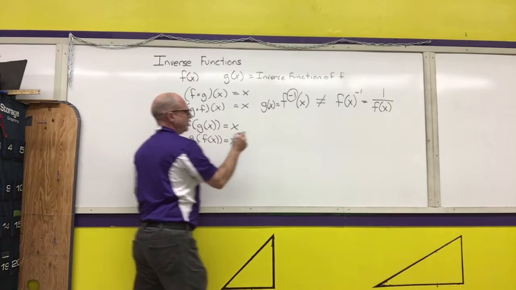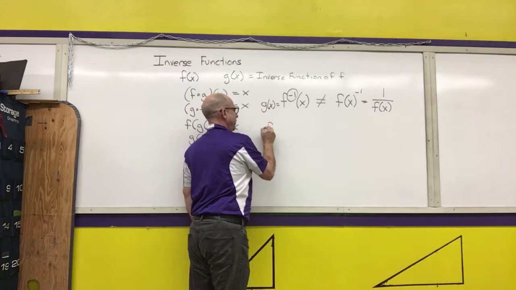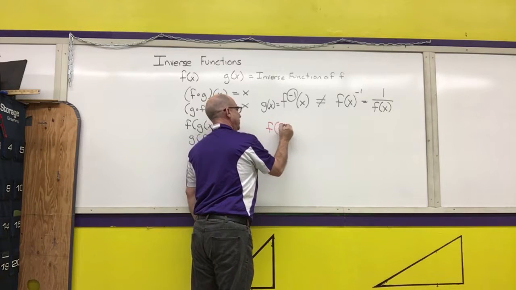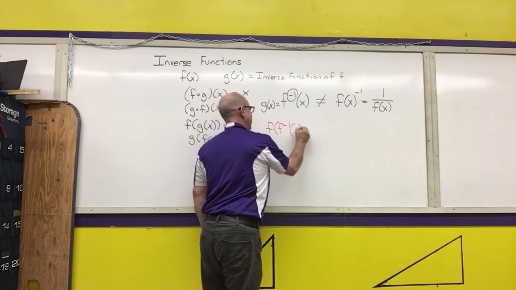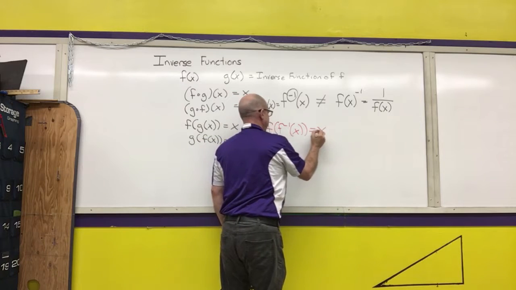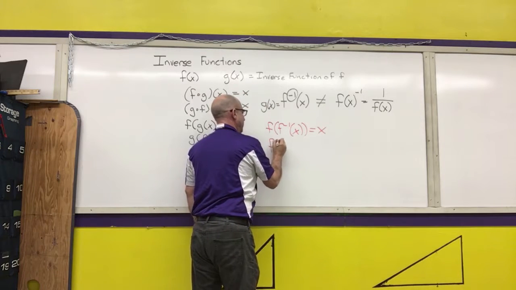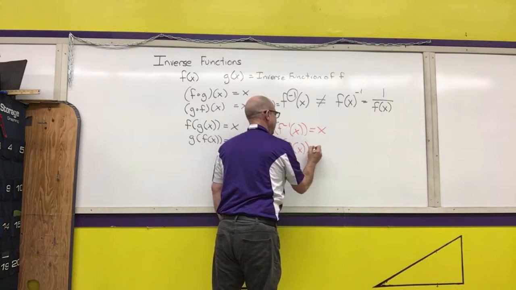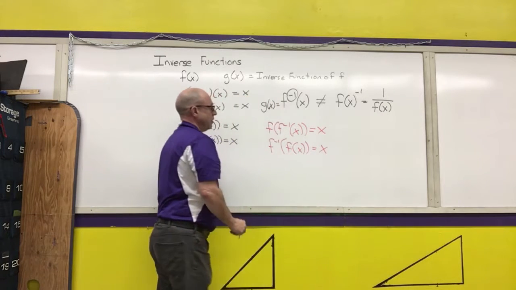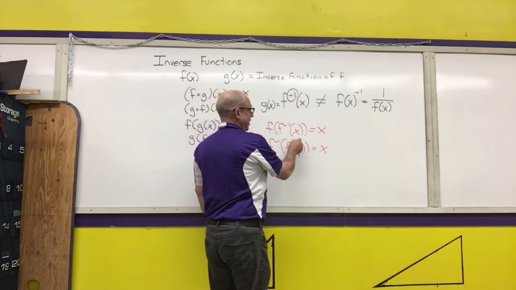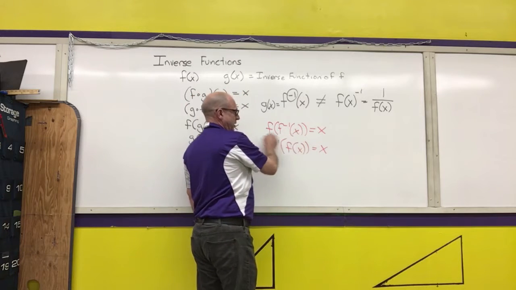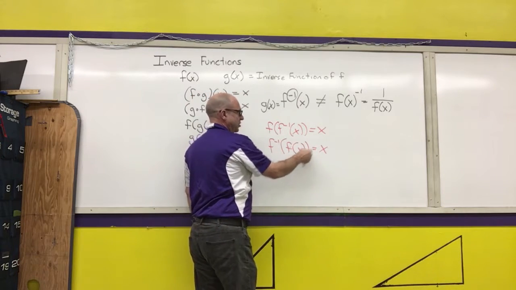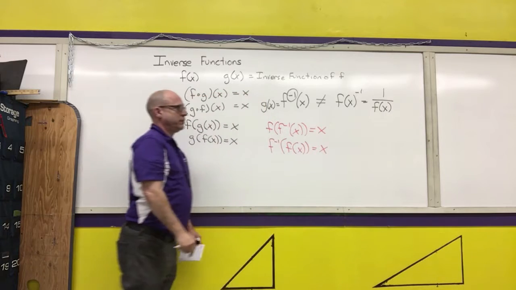Then these two functions will write that f of f inverse of x is equal to x, and f inverse of f of x is equal to x. But this is saying that whatever number I put in for x in this composition or this composition, I'm going to get that same number out.